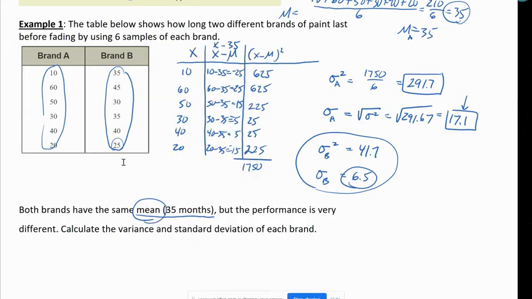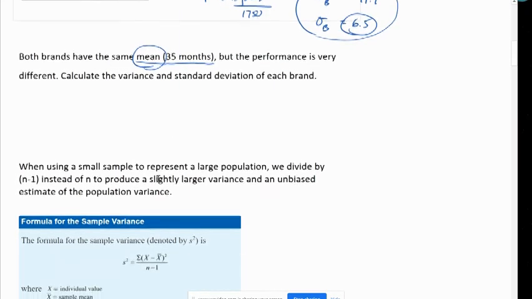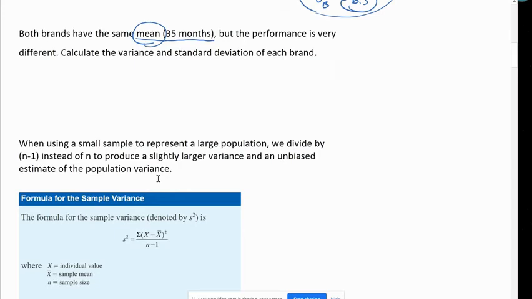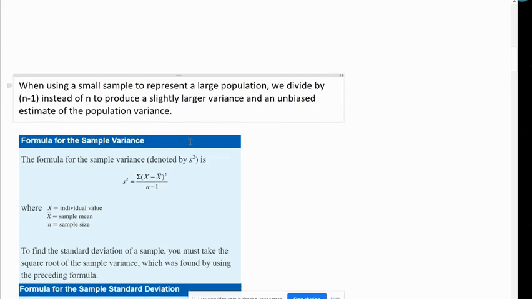Okay, and then instead of calculating this variance and standard deviation for a population, if we have a small sample and we're using it to represent a very large population, then we would want to use a slightly different formula.